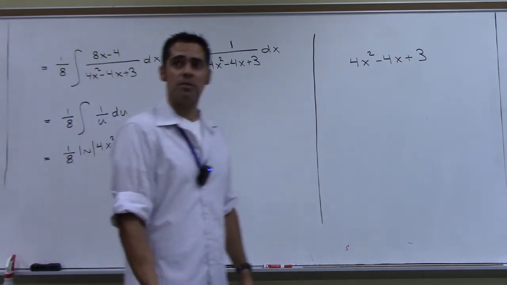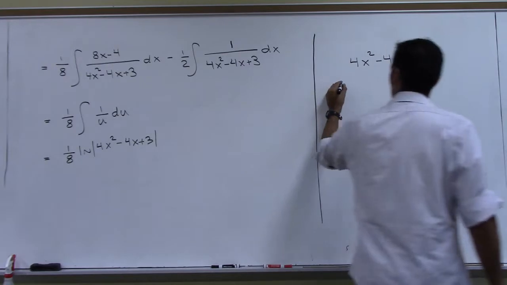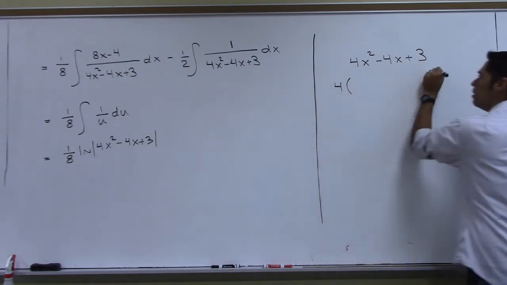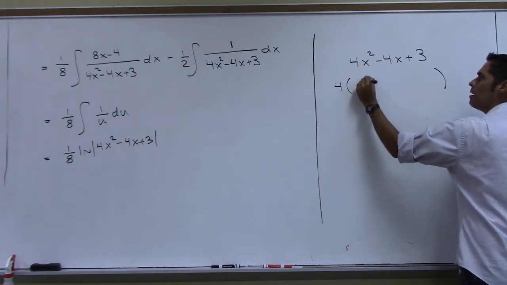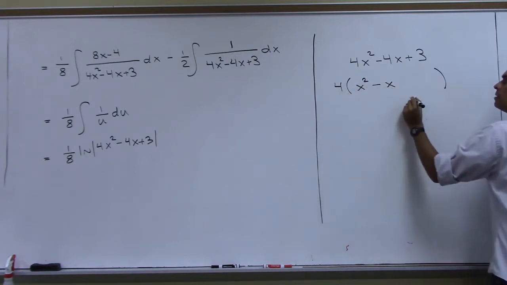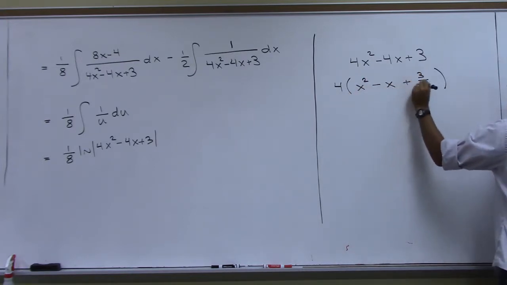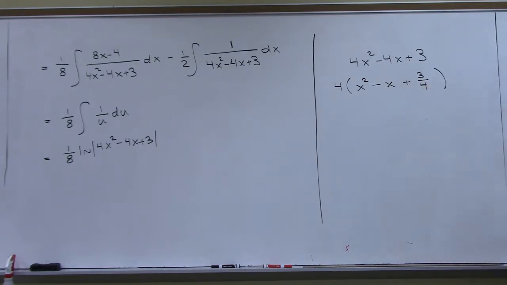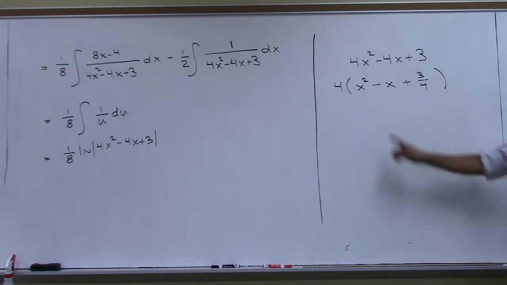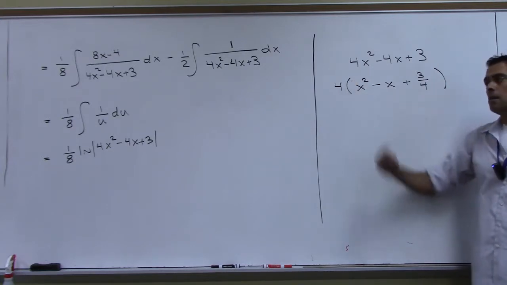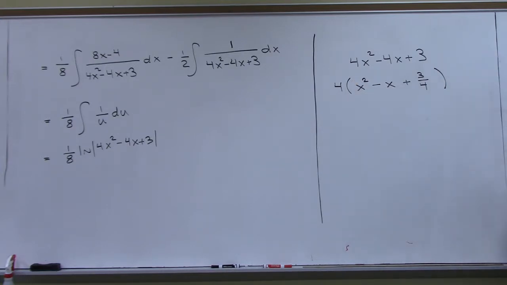So we're going to have to factor a 4 out. When I pull a 4 from this, what's left in here? X squared minus x plus 3 over 4. You're basically dividing everything by 4, right? Now we have a 1 in front of this.